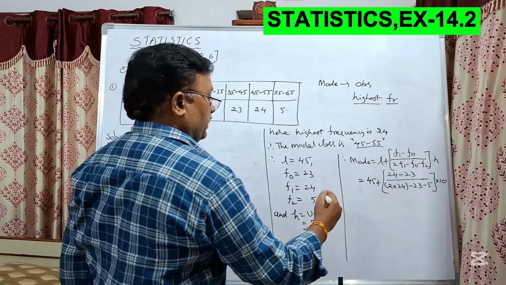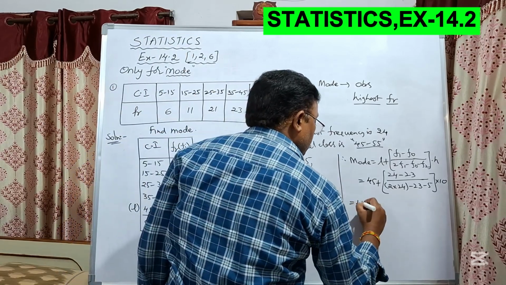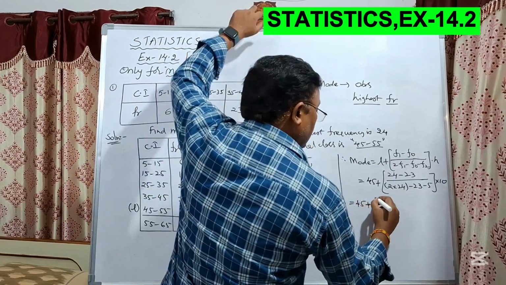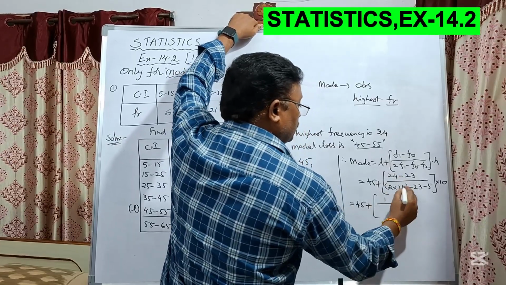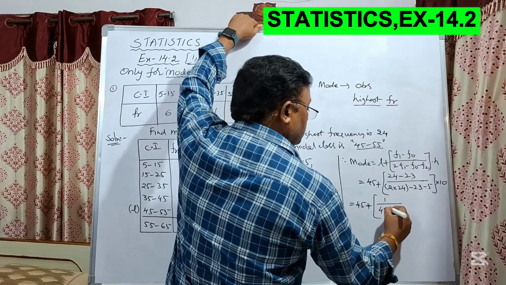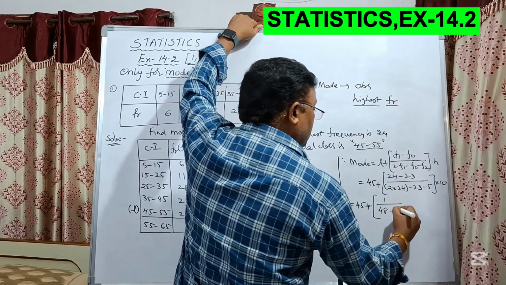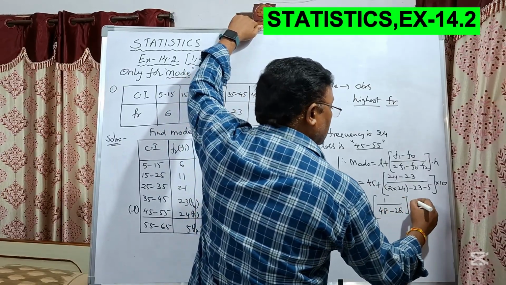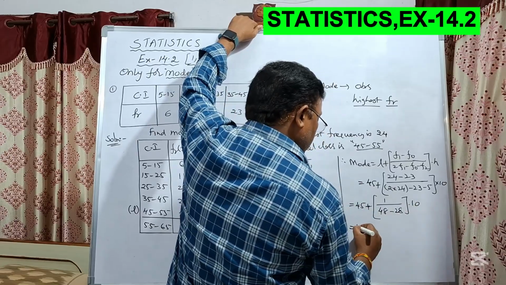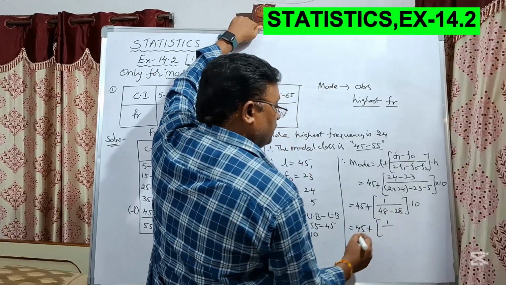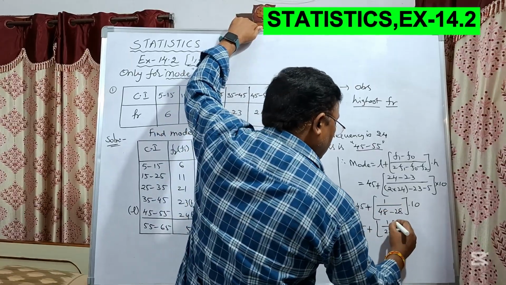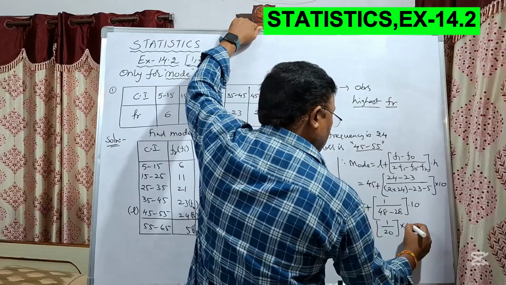Now simplify them. This is equal to 45 plus 24 minus 23, that is 1, by 2 times 24, that is 48, minus 28, into 10. This is equal to 45 plus 1 by 48 minus 28 is 20, into 10.